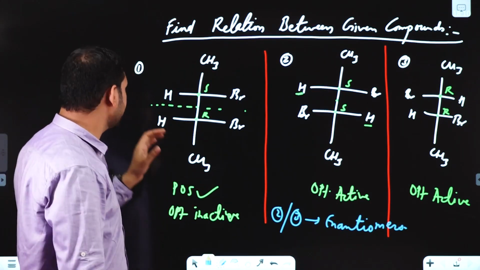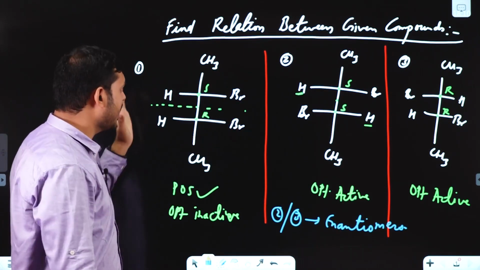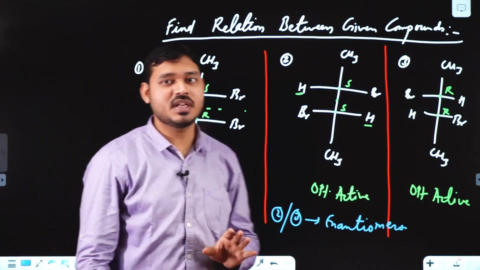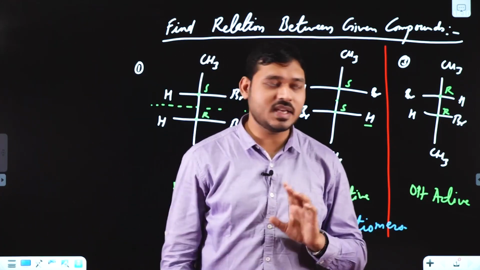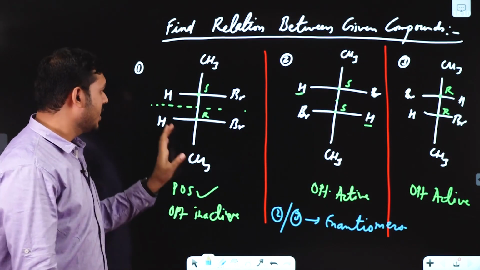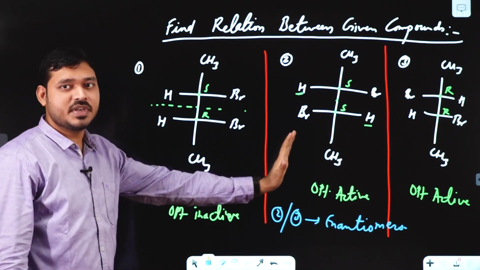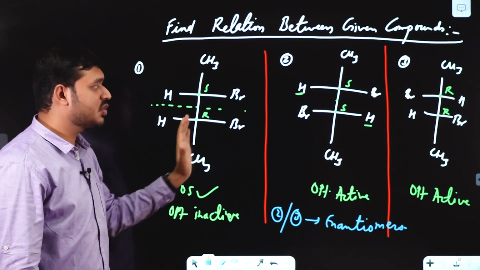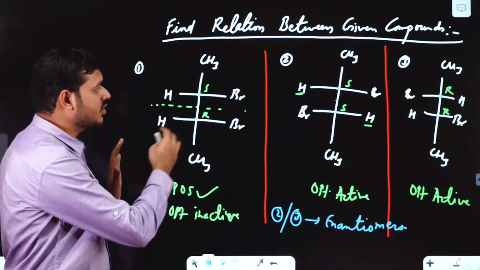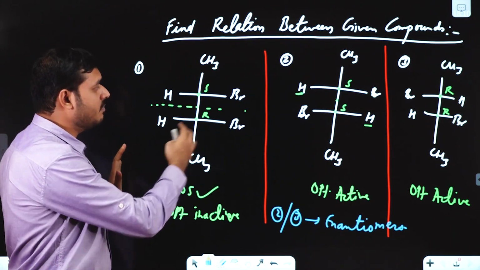But what about the relation between 1 and 2 or the relation between 1 and 3? Here we have to understand one more concept. See, if I observe compounds number 1 and 2, they are neither mirror images of each other nor superposable to each other. So they are non-superimposable and non-mirror image.